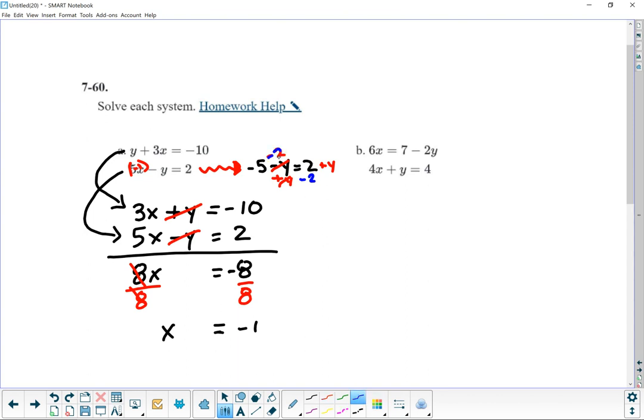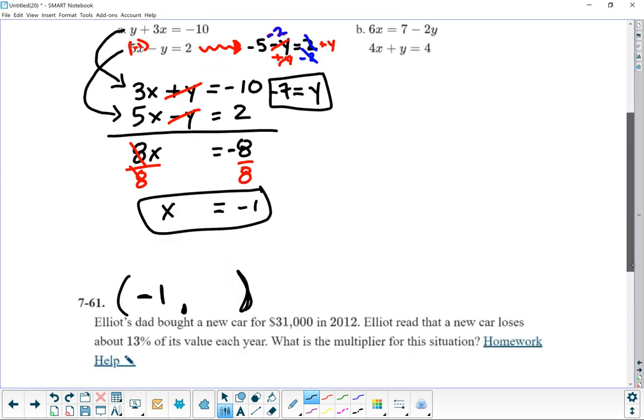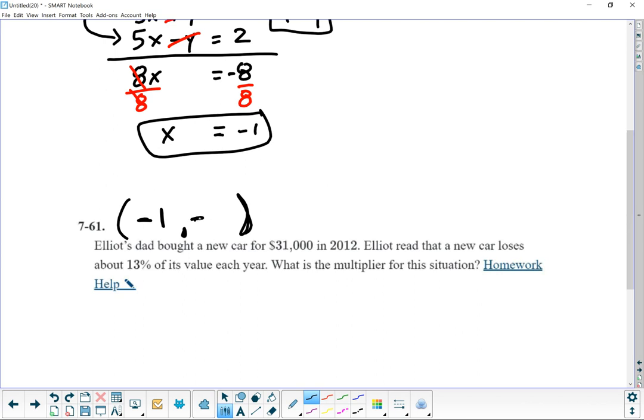So now I will end up with y on the right-hand side, and then negative 5 minus 2 is negative 7 on the left-hand side. So my answer is y equals negative 7, x equals negative 1. Okay, that's your answer.